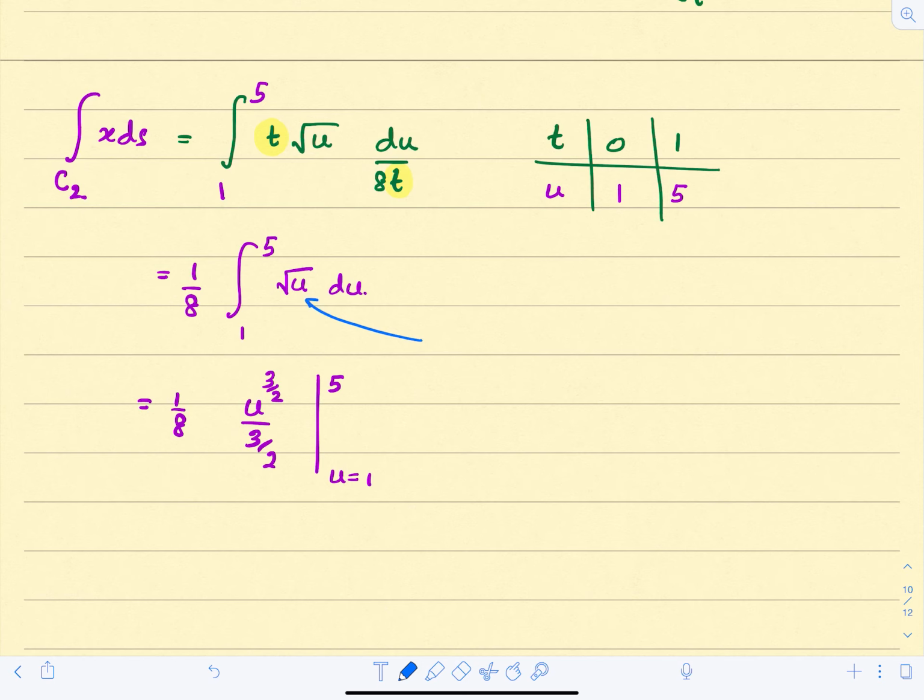So recall, the square root of u is the same as u to the power 1 half. So the integral of u to the power 1 half with respect to u equals u to the power 1 half plus 1 over 1 half plus 1, which is 3 half.